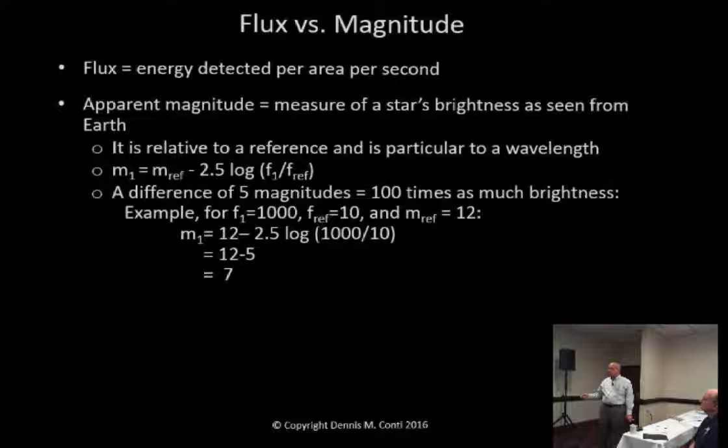So, for example, a flux, namely brightness, of 1,000 relative to a flux of 10, and if that star whose flux was 10 had a magnitude of 12, you plug it into the formula, and the magnitude of our star of interest is 7. And magnitudes, of course, go in the opposite direction from what we would think.